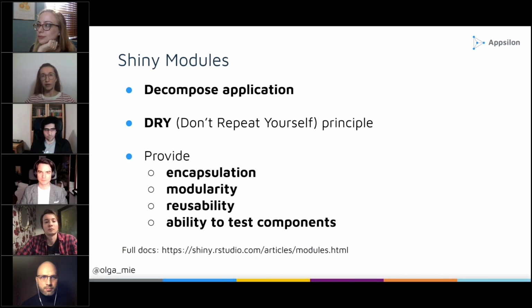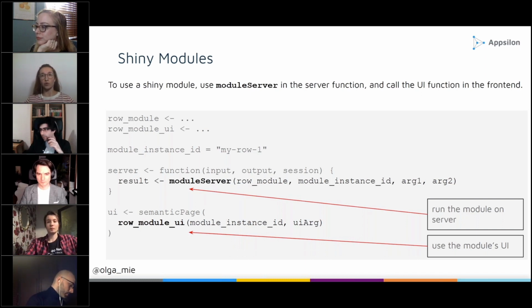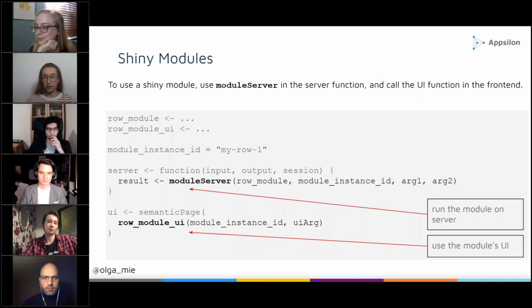They allow you to organize your app in a server and a UI part, which in essence means that you can define your own pair of server and UI logic and use it inside your app or embed it in another module.